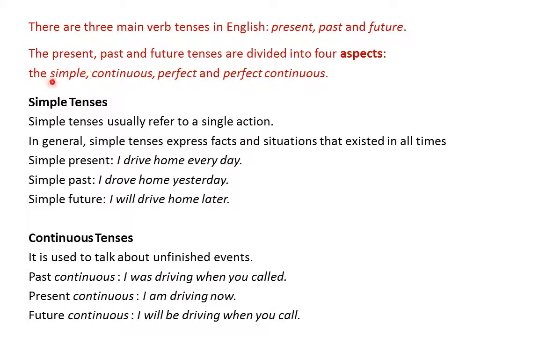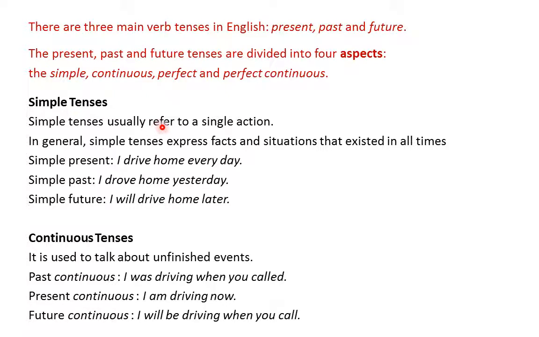And we have present simple, present continuous, present perfect, and present perfect continuous. And we have future simple, future continuous, future perfect, and future perfect continuous. And these are 12. So, let us start with the simple tenses.